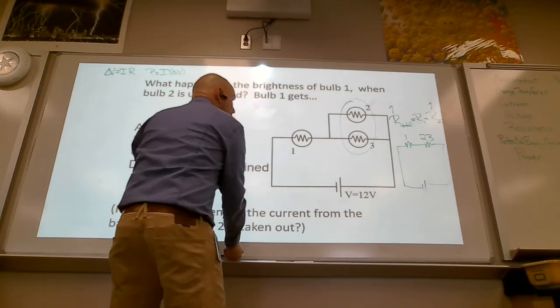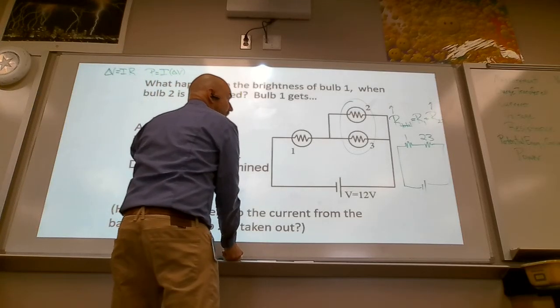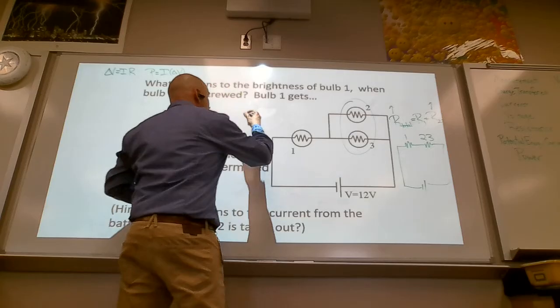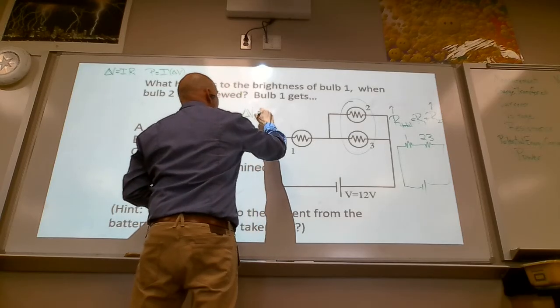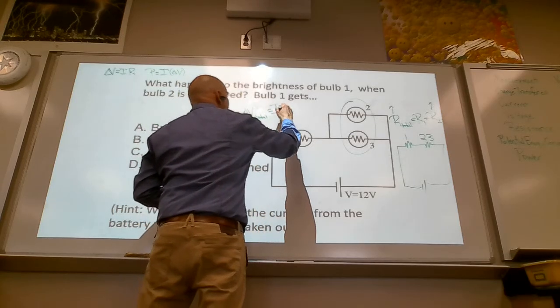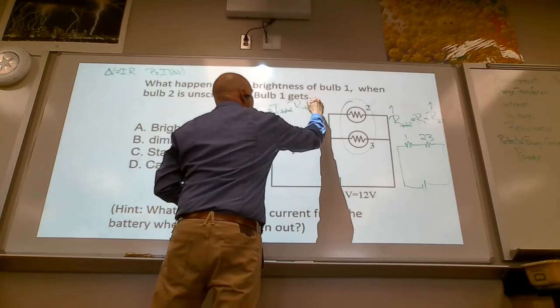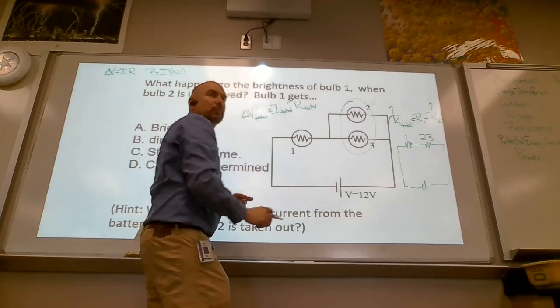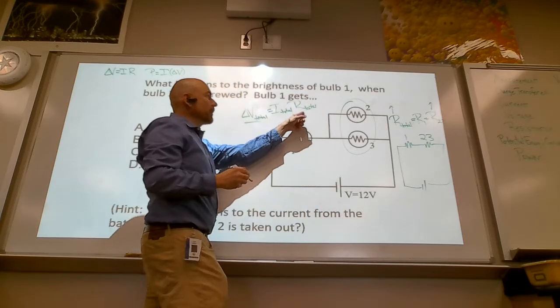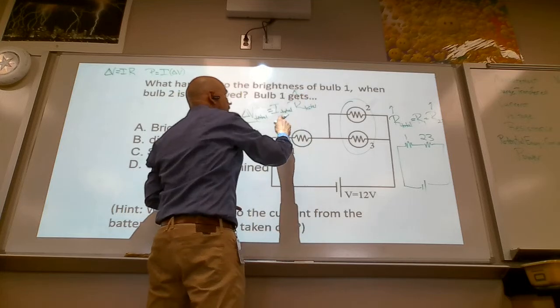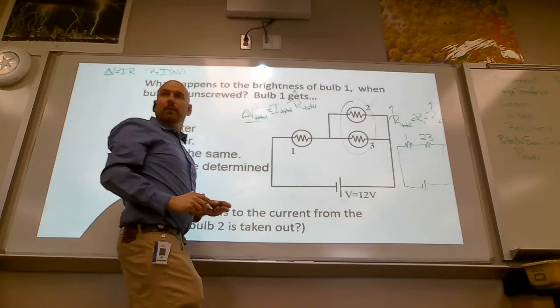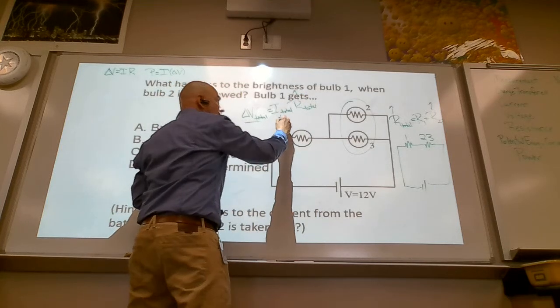Okay. Looking at the entire circuit, total voltage stayed the same, 12 volts. Total resistance just went up, therefore total current went down.